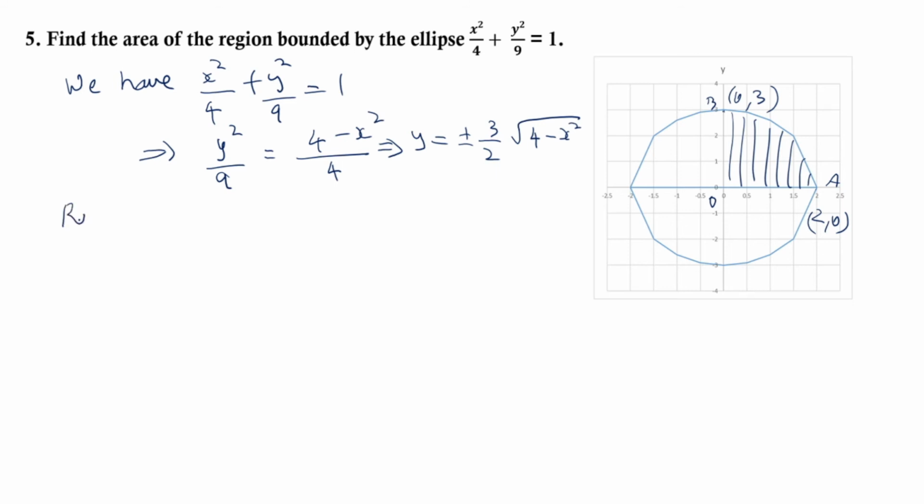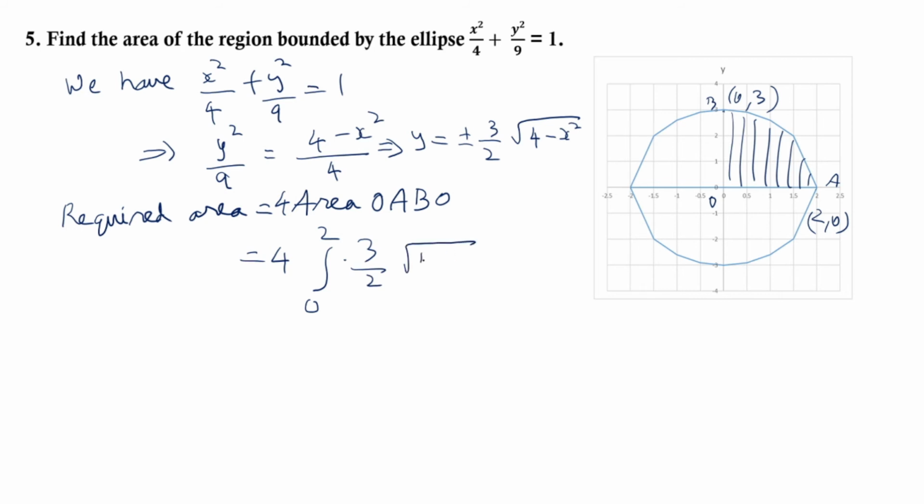So we can write the required area. Required area is equal to 4 times the area of OABO. That is equal to 4 times integral 0 to 2 of 3 by 2 root of 4 minus x square dx. So this is equal to 6 times integral 0 to 2 of root of 4 minus x square dx.